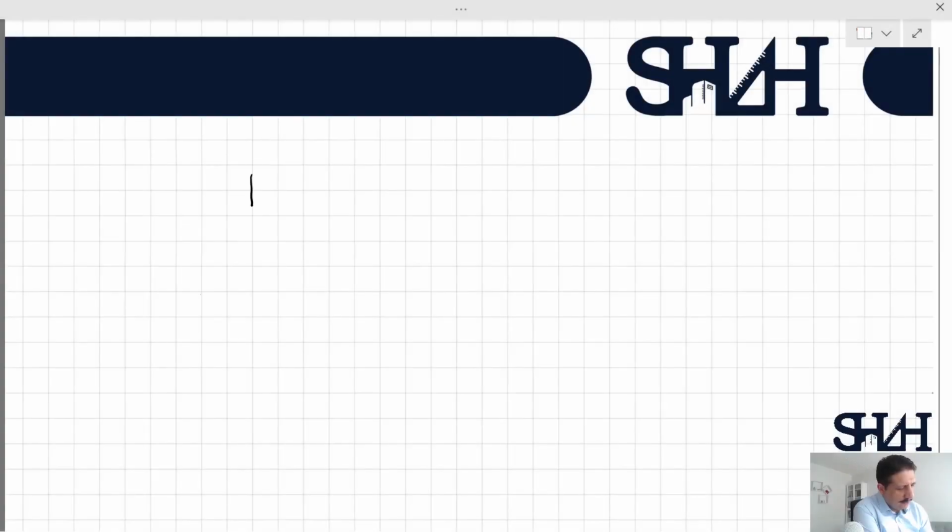Suppose we have one element with the length of 400 and 800 millimeters.